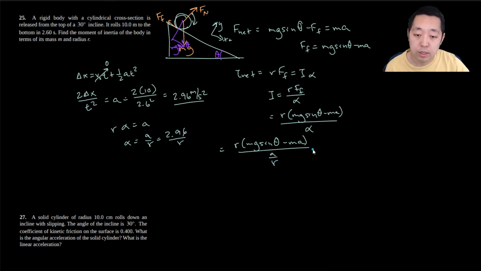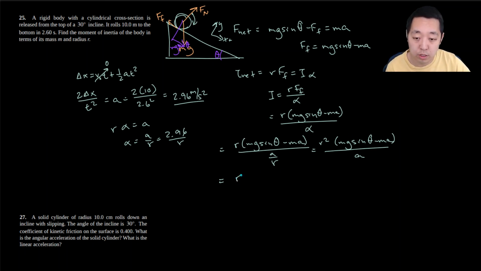And so then this is r squared times mg sine theta minus ma over a, right? Just flip this and multiply by r. And so then I can plug in this 2.96 for a and sine of theta.